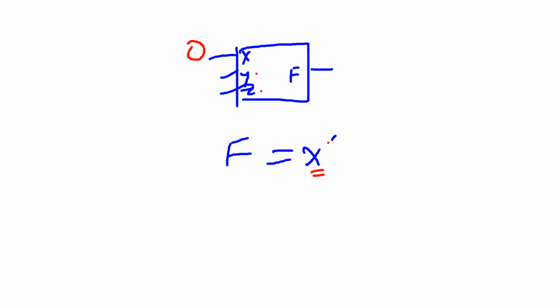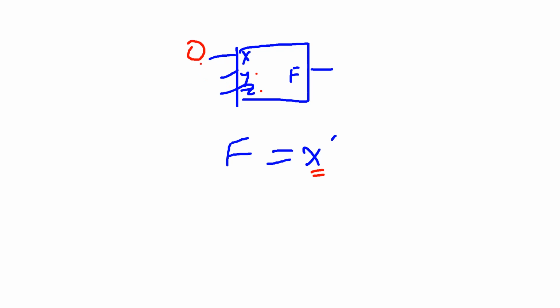Another example, X, Y, Z. This term also, if F is X prime, for example, the output will be 1 when X is 0, right? How about Y and Z? The function is independent of the variables Y and Z, right? That means you can apply any value with X is 0.